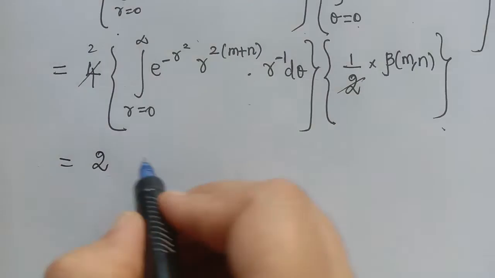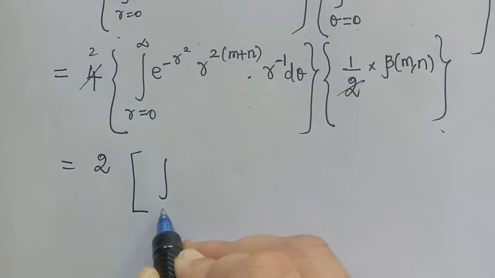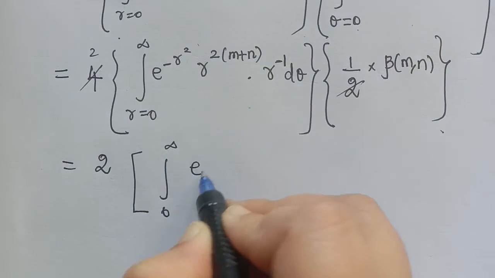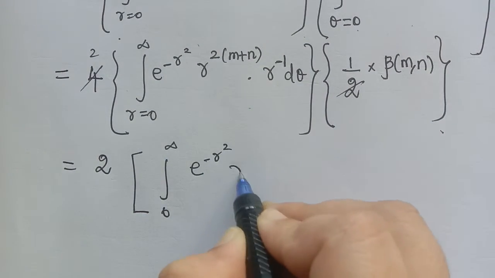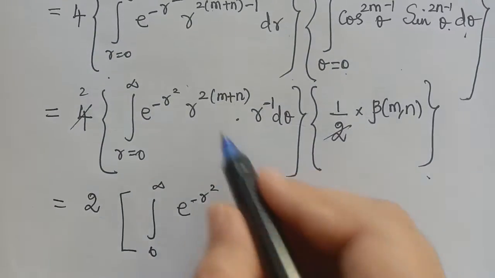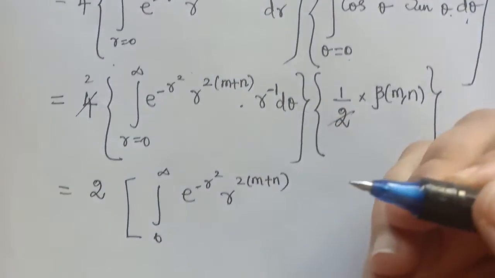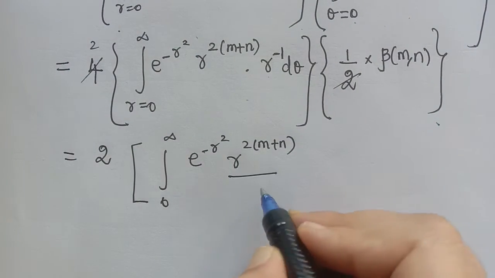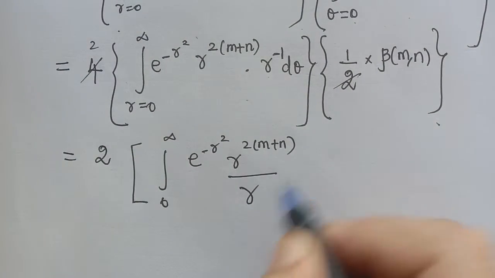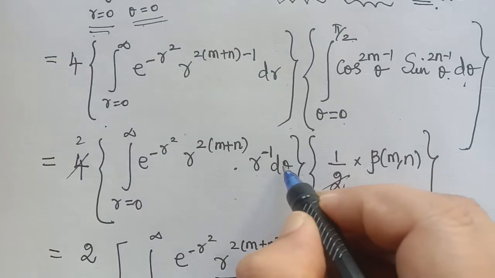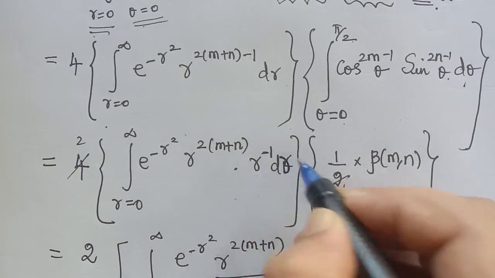And then within the bracket we have integral 0 to infinity e to the power minus r square r to the power 2 multiplied with m plus n. R to the power minus 1 can be taken to the denominator and written as 1 by r. So 1 by r, and then here it should be dr actually. I have written d theta by mistake.